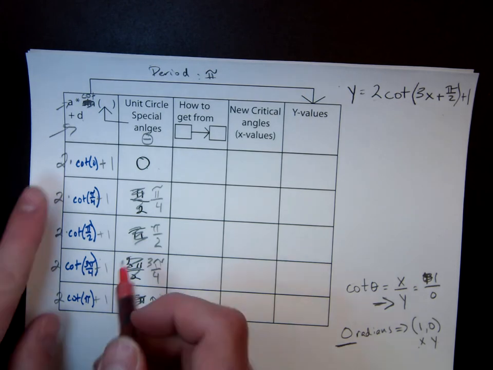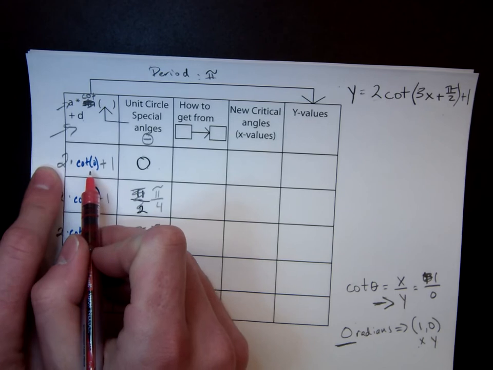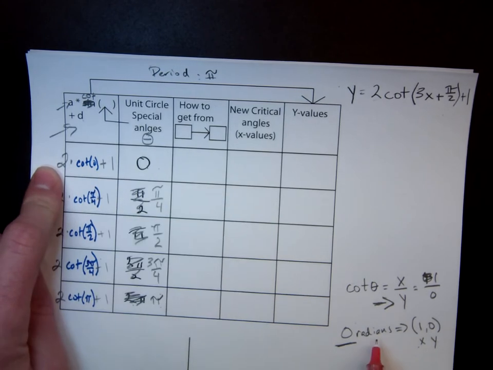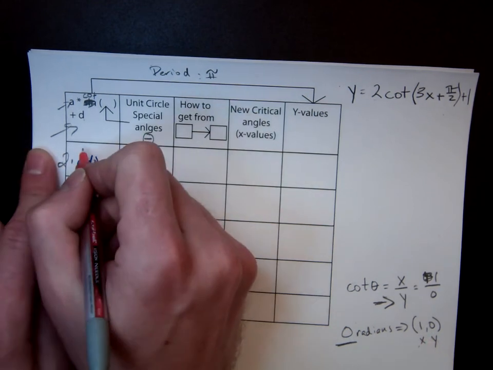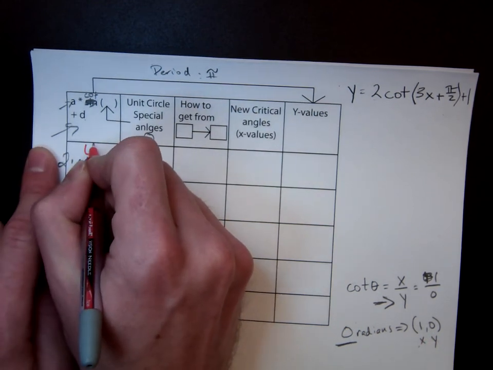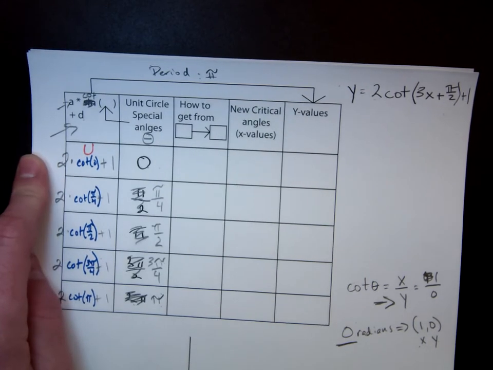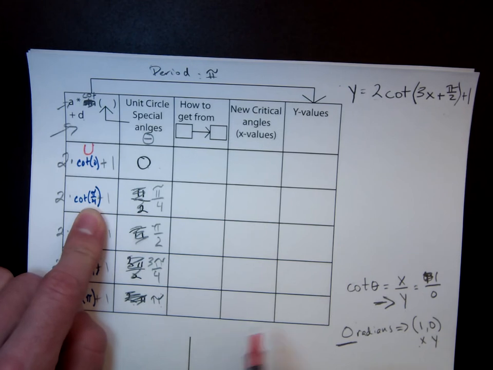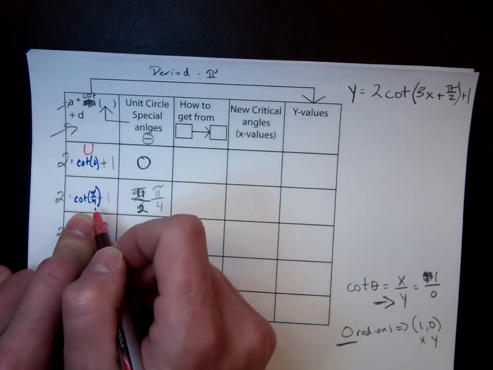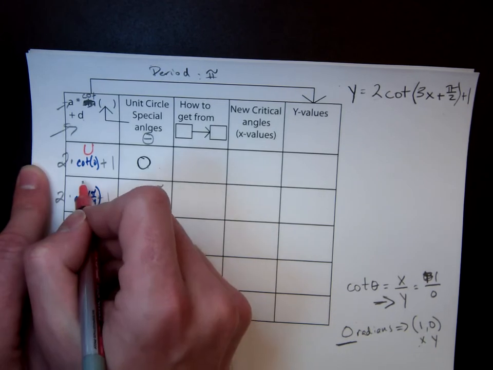Now, if I go through and calculate out these values, well, cotangent of 0, we already determined that we're going to be at the point 1, 0 there. So cotangent of 0 is undefined. Cotangent of pi over 4, well, that's going to be a 45, 45, 90 triangle, so I know x over y is simply going to be square root of 2 over 2 divided by square root of 2 over 2, so this is just 1.